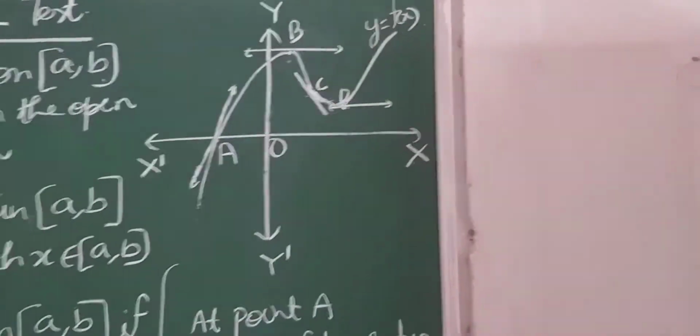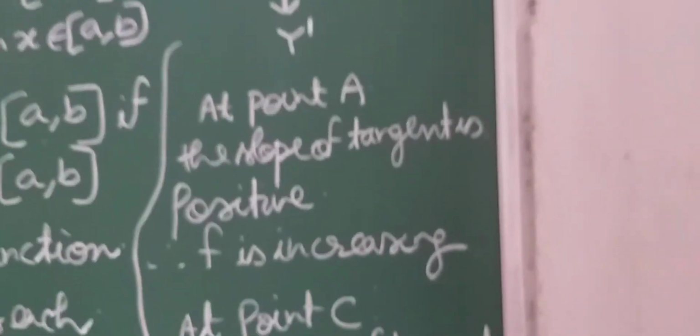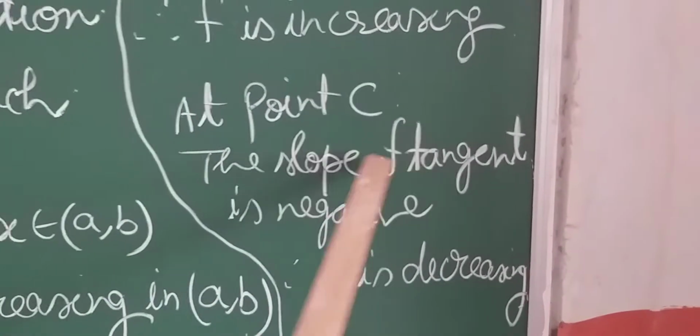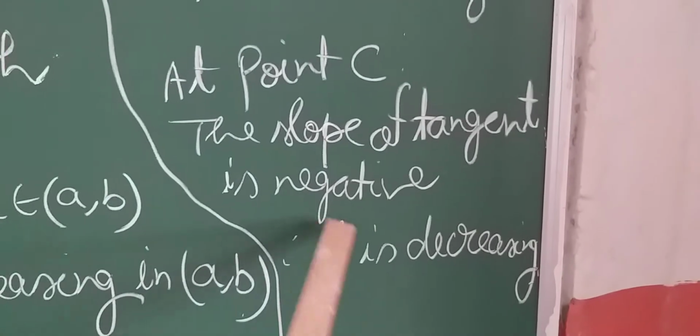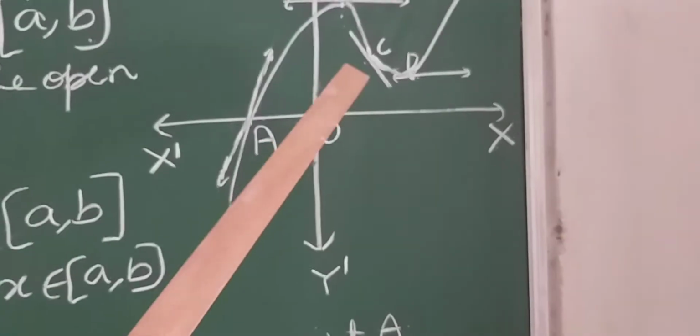So we can say at point C the function is decreasing. So students, at point C the slope of the tangent is negative, therefore the function is decreasing at C.